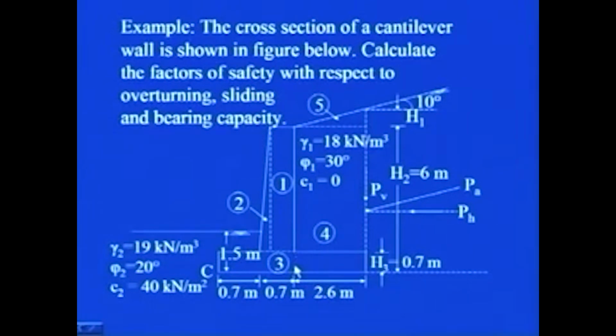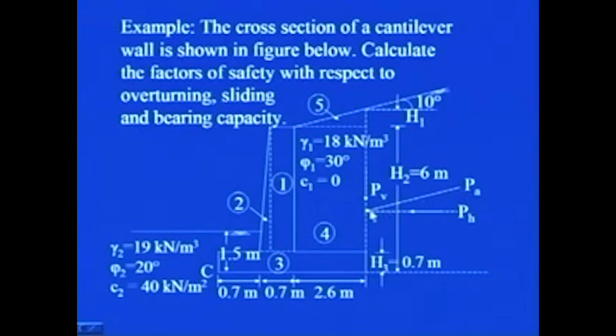The width of the heel slab is 2.6 meter. The thickness of the stem at the base is 0.7 meter, and this dimension is 1.7 meter. Since the backfill is inclined, we have seen that the active force will be acting parallel to this inclined face.